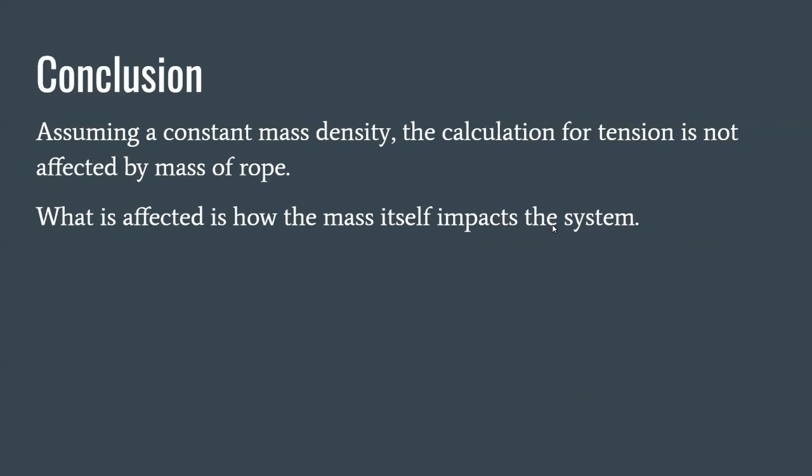However, in our research, we saw, of course, that the calculation for tension is dependent on the linear mass density and how it changes throughout the rope. However, what is affected throughout all situations is that the mass of the rope itself can impact how the forces change in the system.